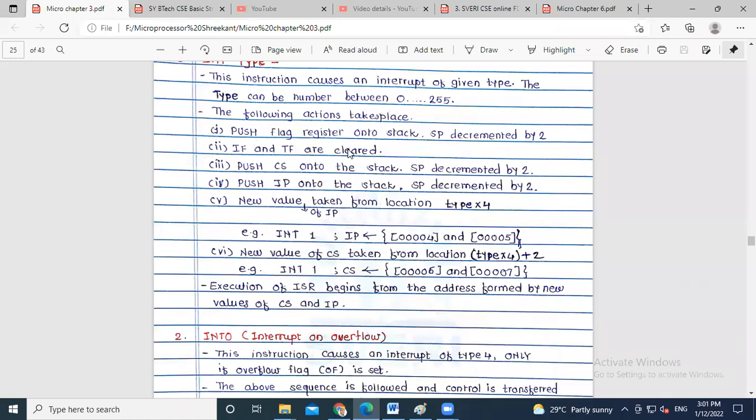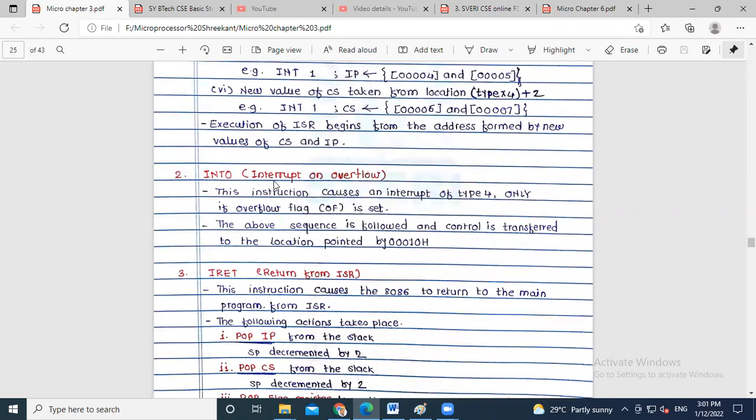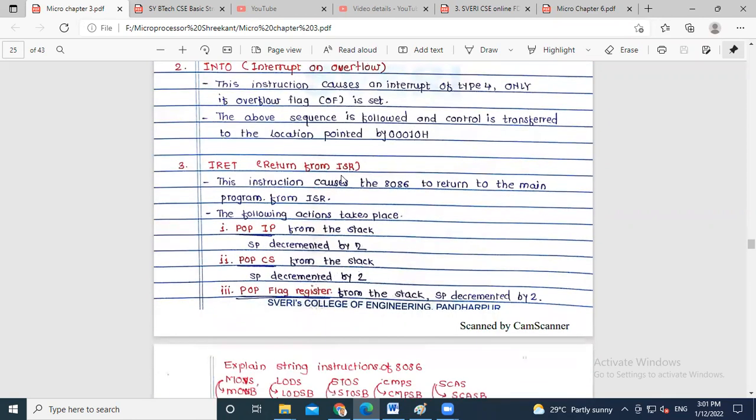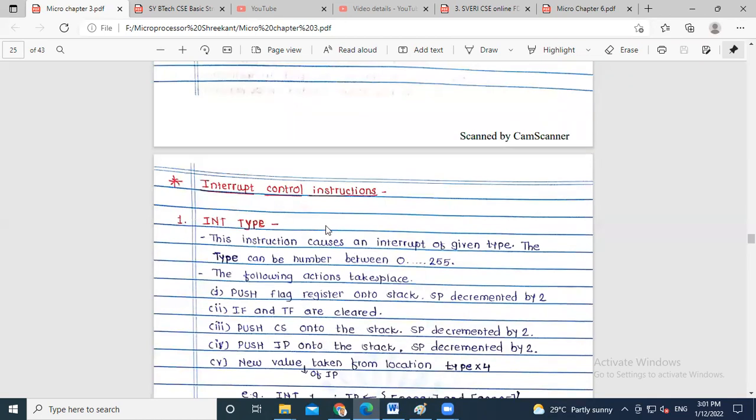After that, there are the interrupt control instructions. In the interrupt control instructions, the first one is INT type, then INTO, interrupt on overflow, and then IRET, return from ISR, the interrupt service routine. So again, three are interrupt control instructions.